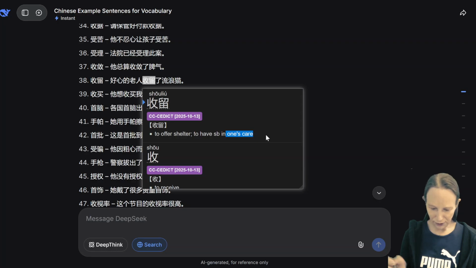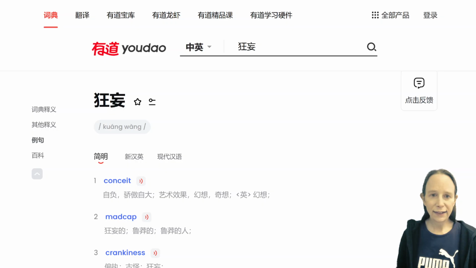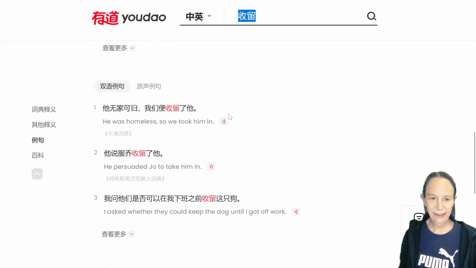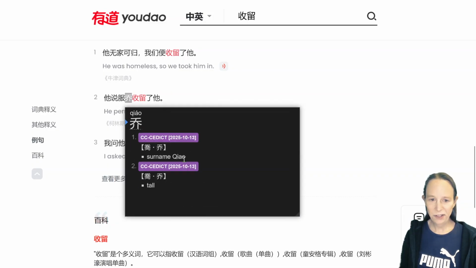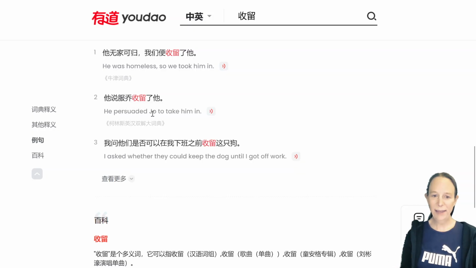收留. It's not in the dictionary. All right, let's go in here. 收留. So 收留了他, took him in, presumably it just means to give him boarding. 无家可归, he's homeless, took him in. 他说服乔, 乔 can be a name, 乔布斯, but maybe it's just a character given to some name in some translation. 收留了他.